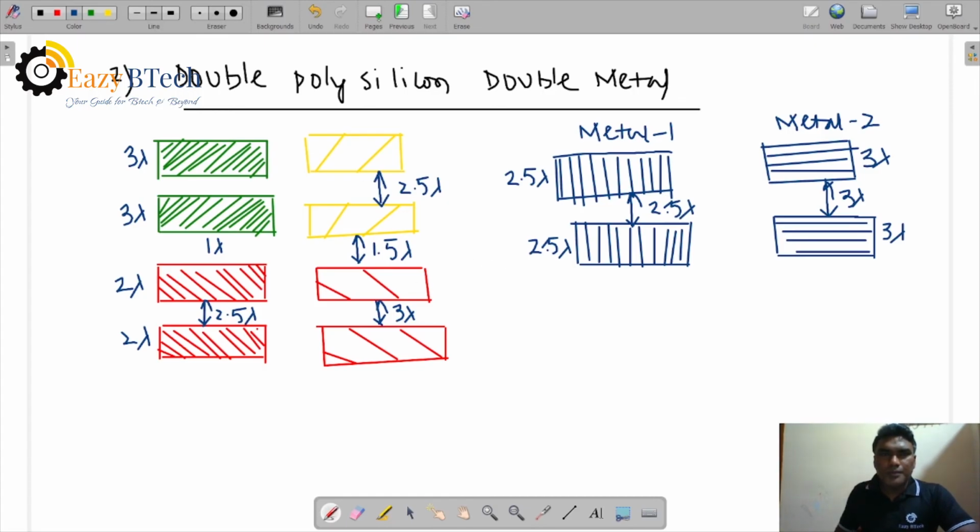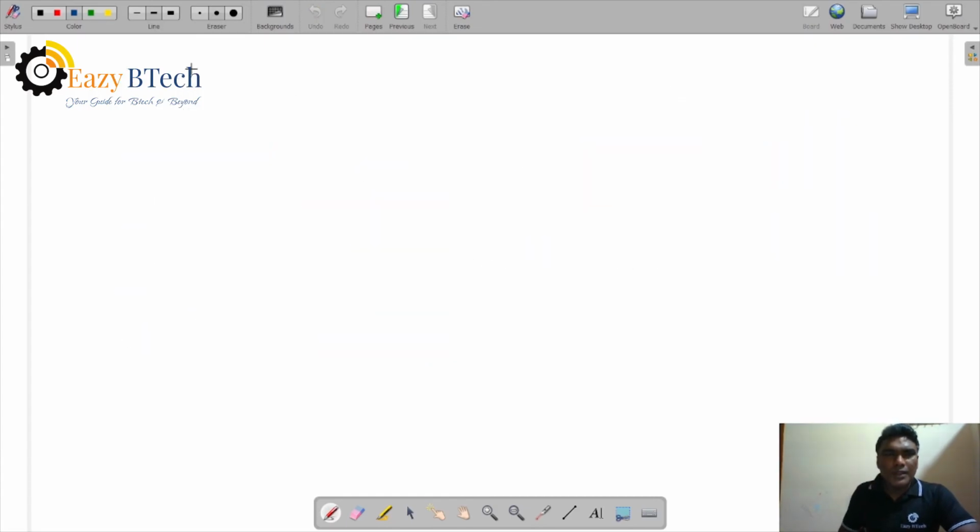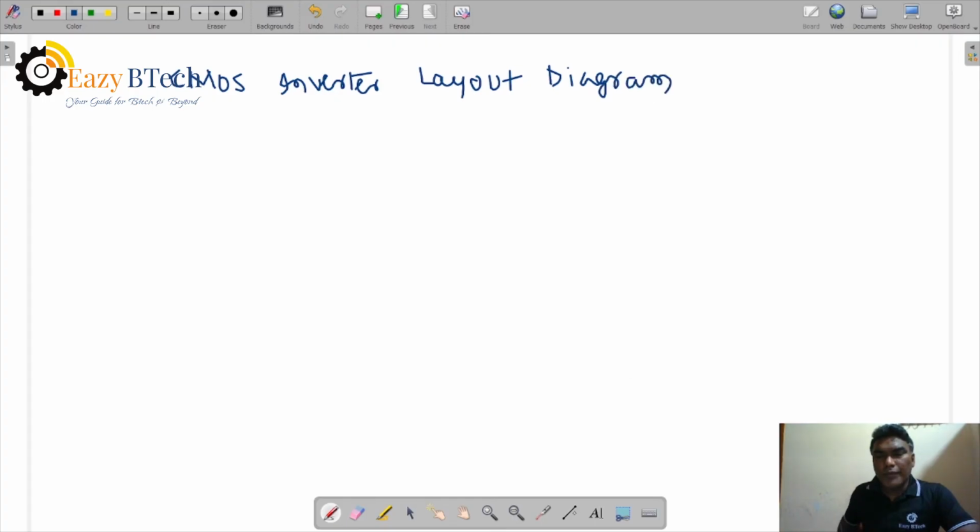Let us do one example: CMOS inverter layout diagram. So two polysilicons are there here. Joining of poly 1, it is used for poly 2.